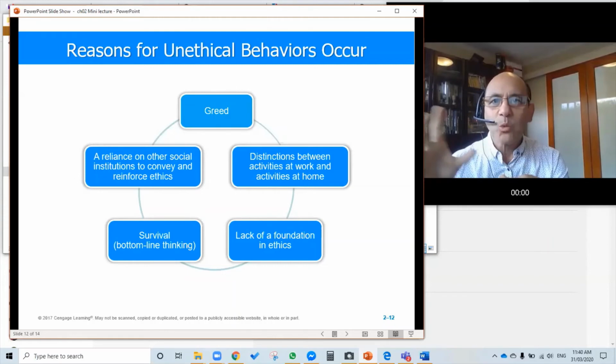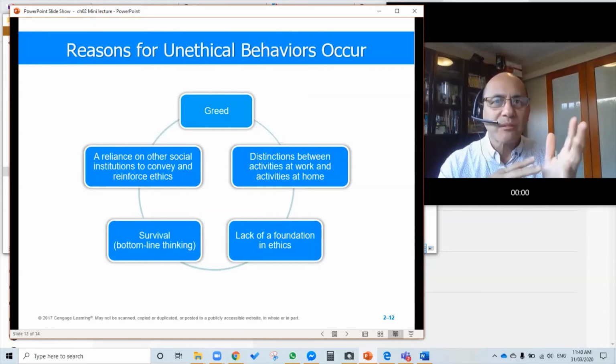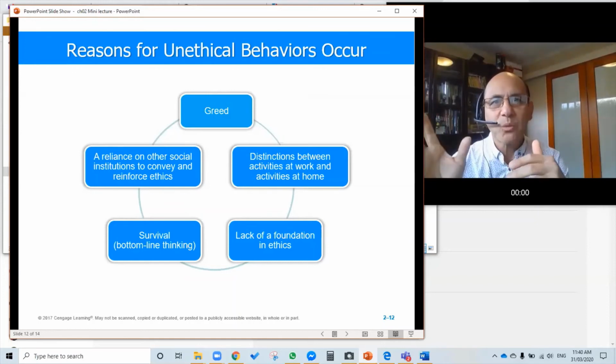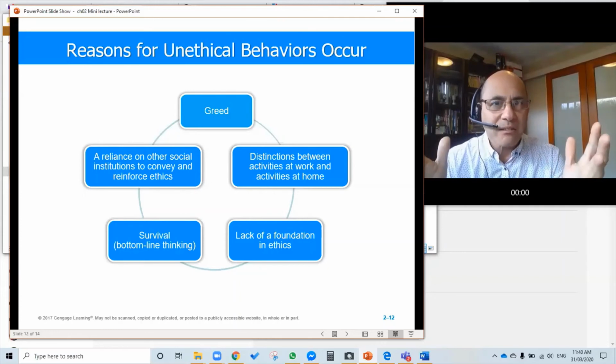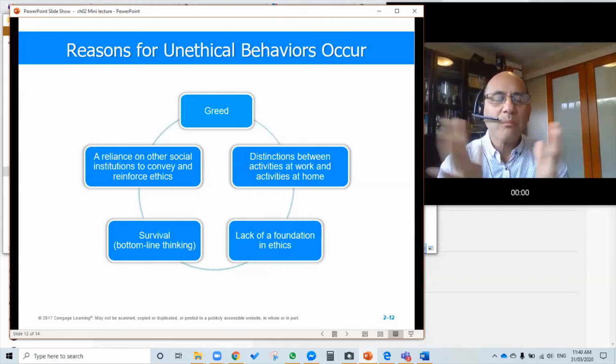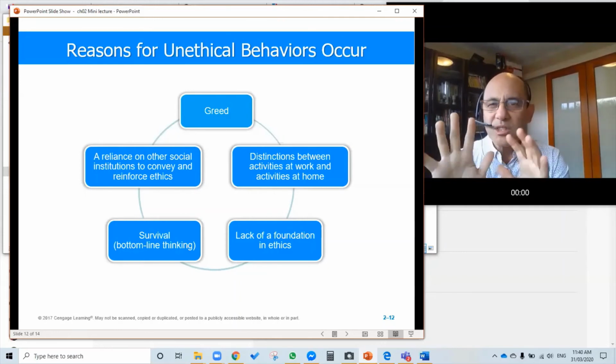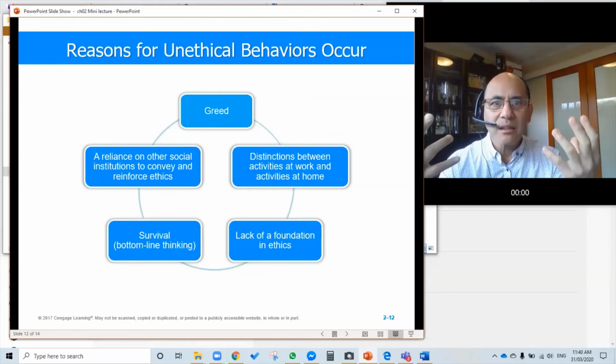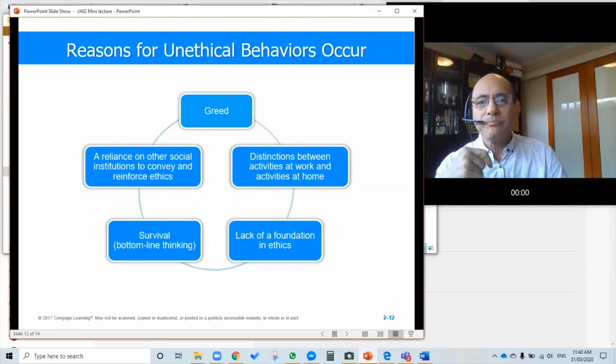But then when they're at work, they do something different and they cheat on their taxes. Because they're saying, well, work is different from home. At home, I can be ethical, but at work, I should be able to do unethical things for the survival of my business. Obviously, this is wrong. But again, this is thinking that many entrepreneurs have.